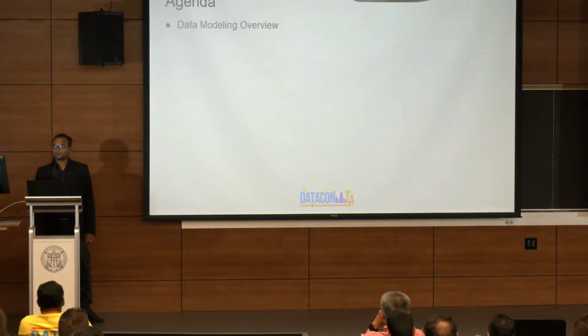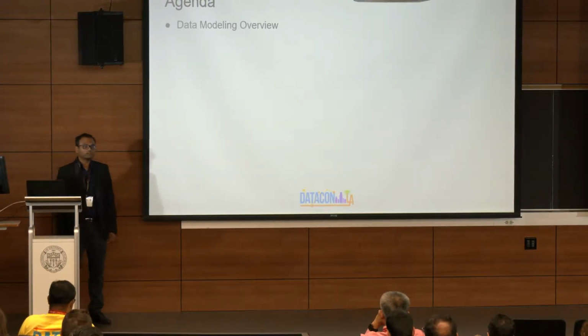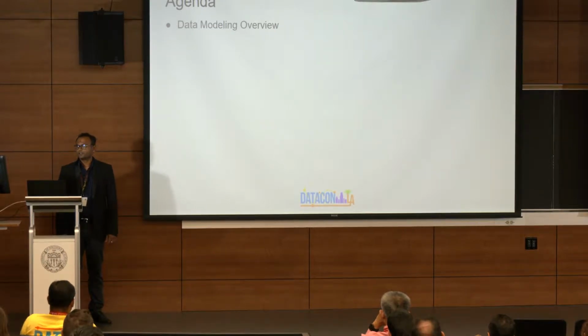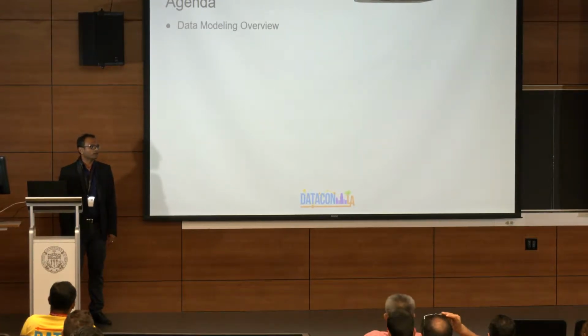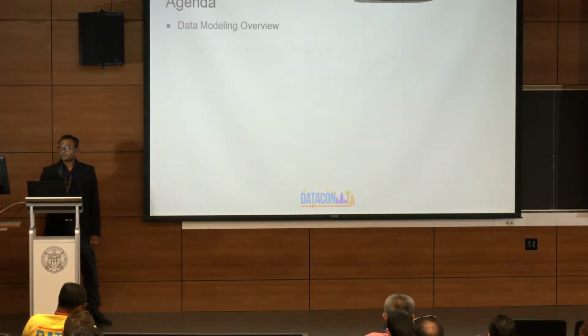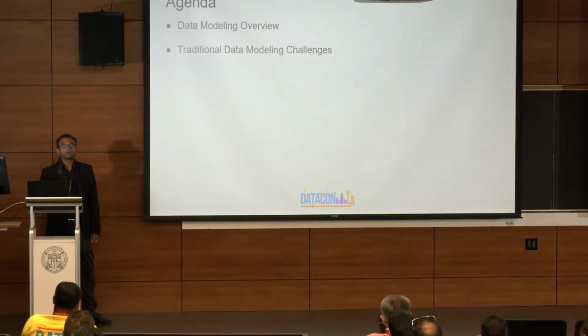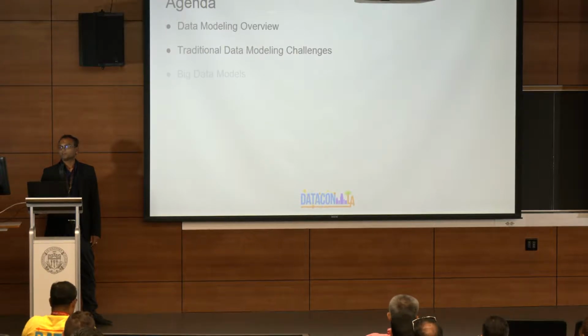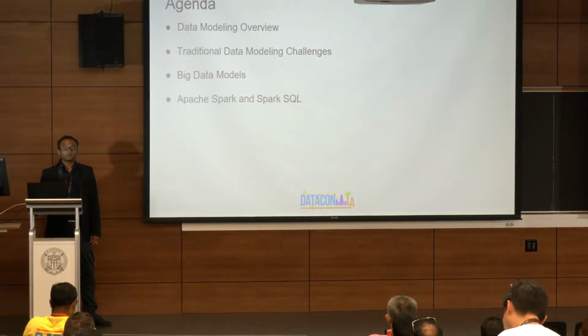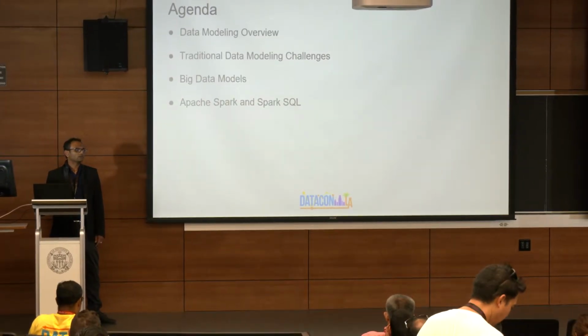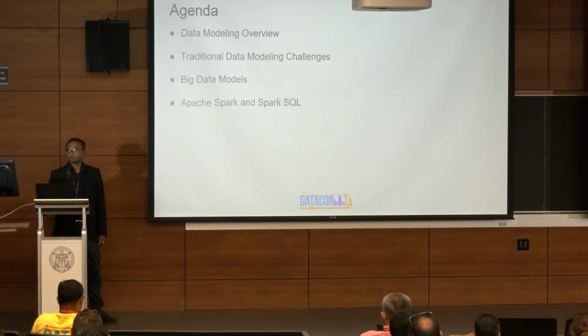So here's the outline of today's session. I'll be providing a brief on data modeling, some of the challenges with traditional data models, and why we need to think differently for big data models. Then I'll provide a summary about Apache Spark and Spark SQL.